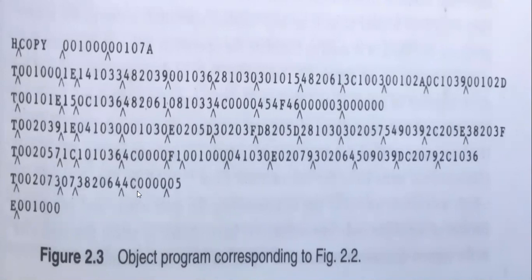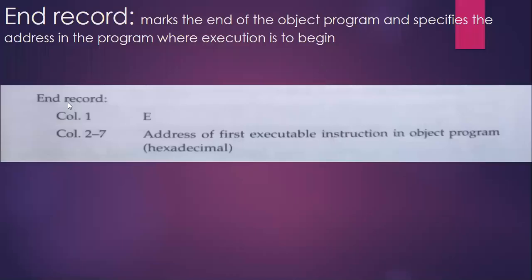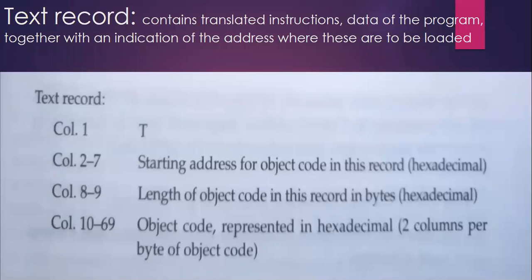These are the number of bytes included in each line. In the first line we accommodate 10 different instructions' object code, then the 11th, 12th, 13th, 14th, 15th, 16th, 17th will be accommodated in the next line. The 11th instruction's address should be mentioned in the beginning, and how many bytes are included in this line should also be identified. That is how the text record works.